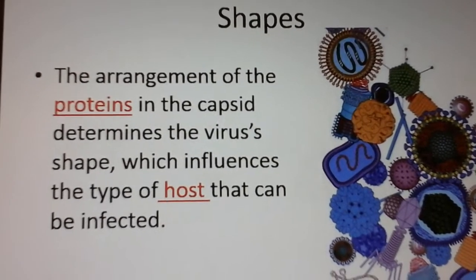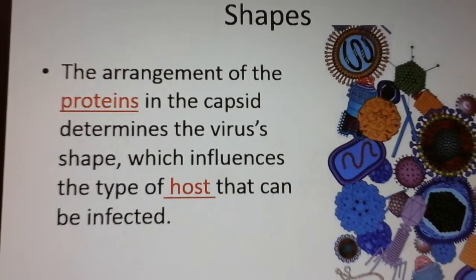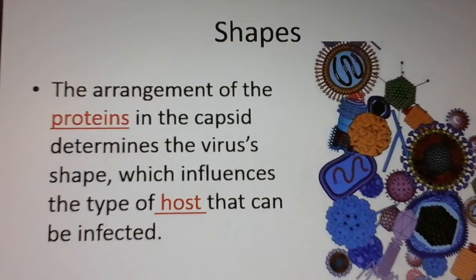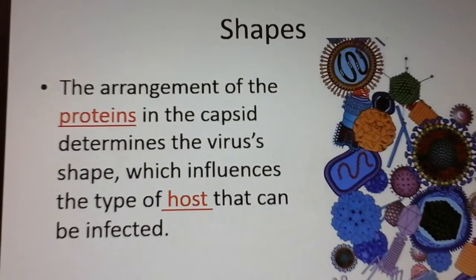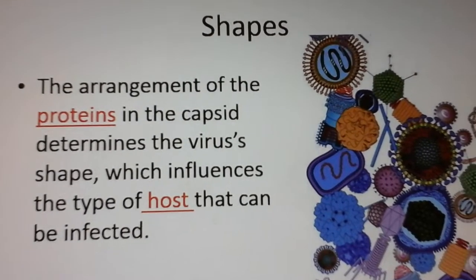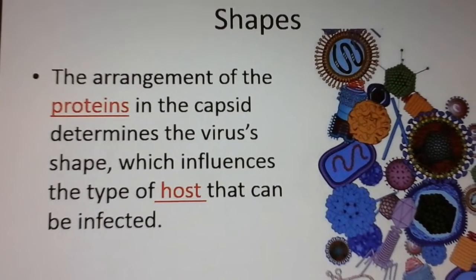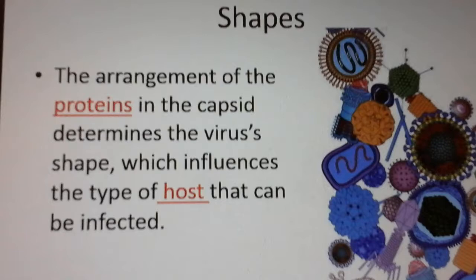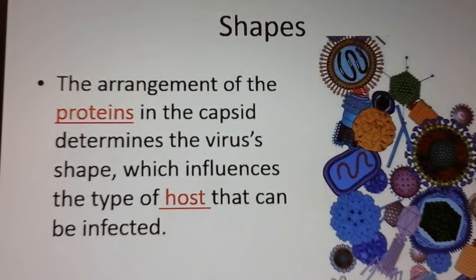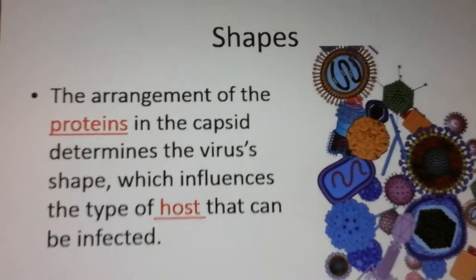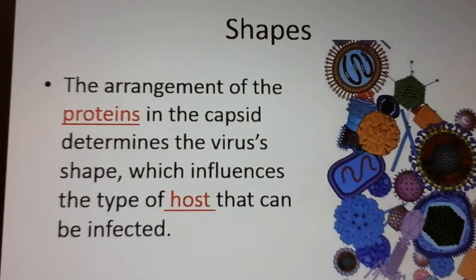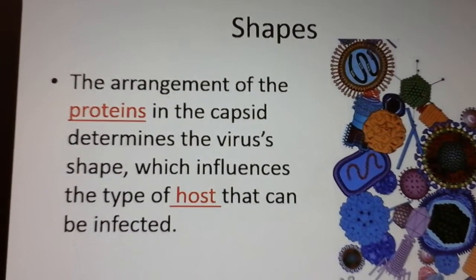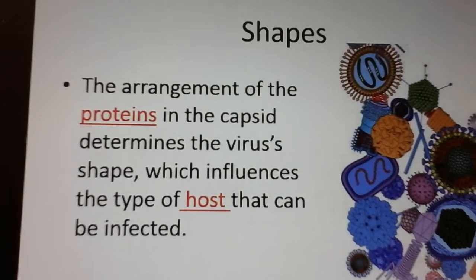Can I borrow your ribosomes for a minute? My ribosomes aren't working. It doesn't have any. So can I borrow yours for a minute and make some proteins? And your cell's stupid enough to say, yeah, sure. But when your cell starts making proteins, it's making baby viruses. And then your cells will make these baby viruses very much like a factory. The more baby viruses you make, the cell starts to swell, and eventually the cell explodes. When the cell explodes, all the baby viruses come out, and they start this all over again.